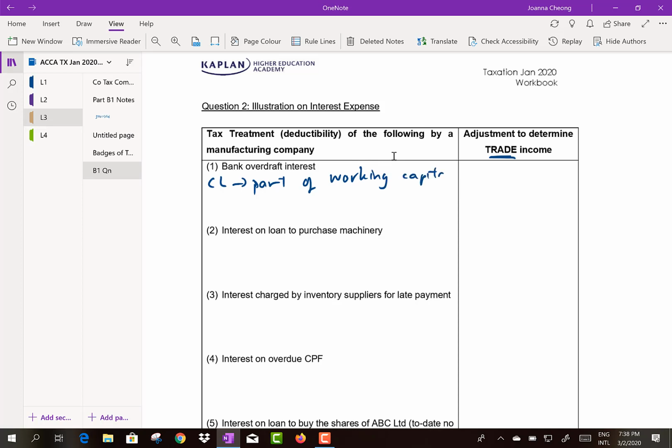So it is trade related. If it is pertaining to your trade, so this expense will be deductible against your trade income. So if it is deductible, can I just write D? D stands for deductible, okay or not? So if it is deductible, what adjustment do you do? Do nothing. That means no adjustment.